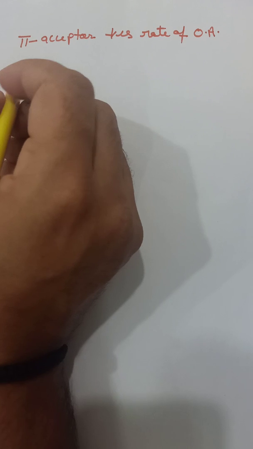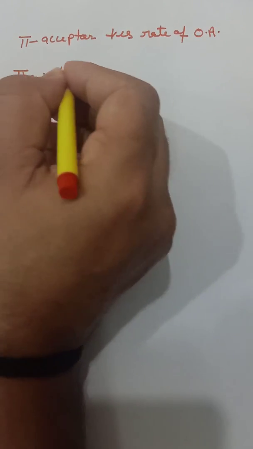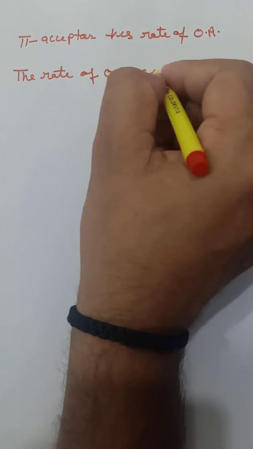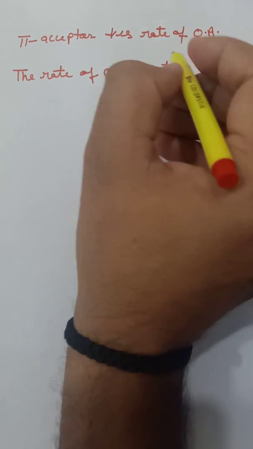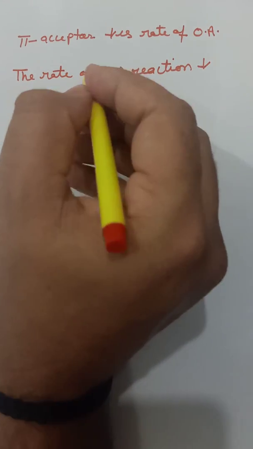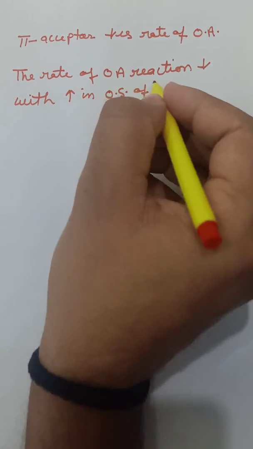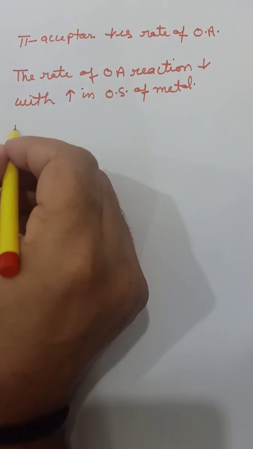Next point is that the rate of oxidative addition reaction decreases with increase in oxidation state of the metal. That means the metal should be in a lower oxidation state. Okay. Now next point is, that is a very important point.